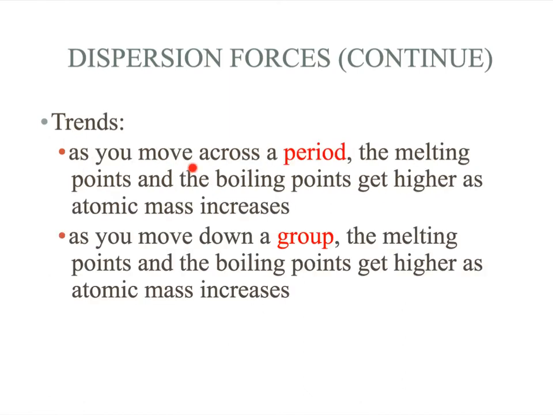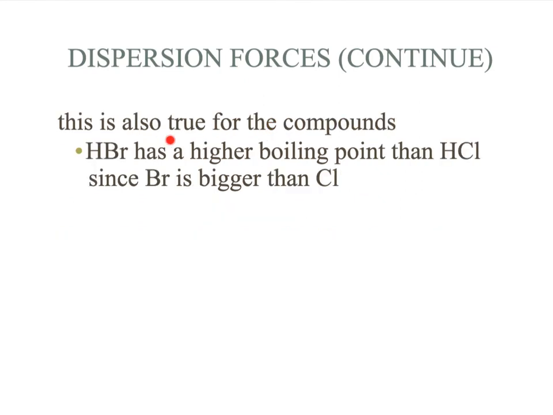As we move across a period, the melting point and the boiling point get higher as atomic mass increases. As you move down a group, the melting point and the boiling point get higher as the atomic mass increases. This is also true for compounds. So HBr has a higher boiling point than HCl because Br is bigger than Cl.